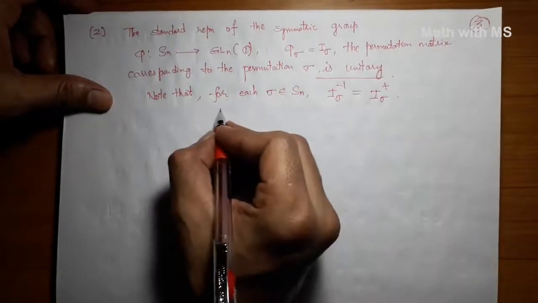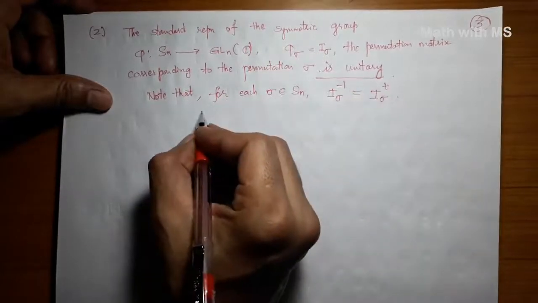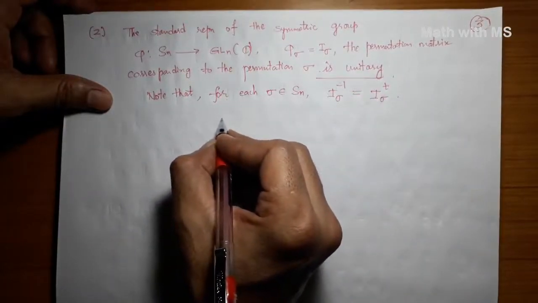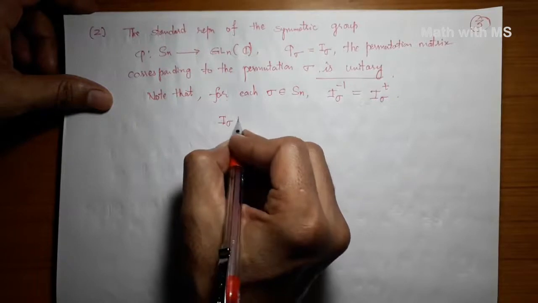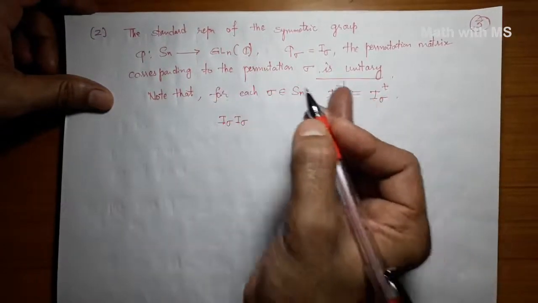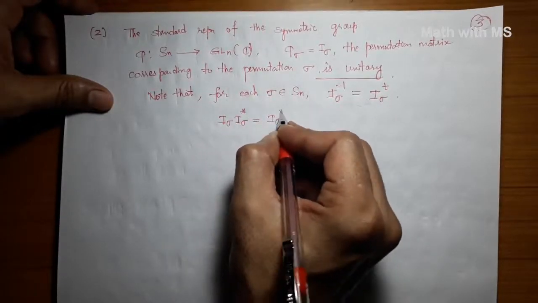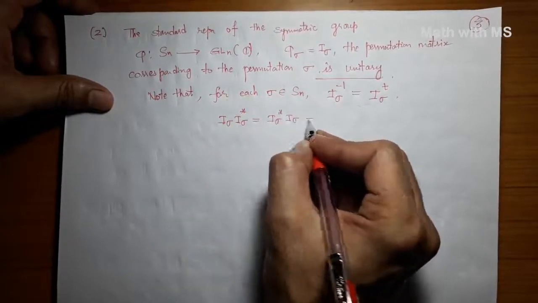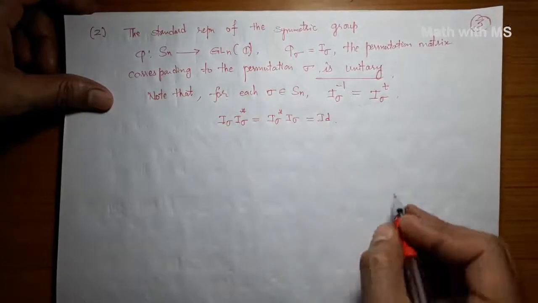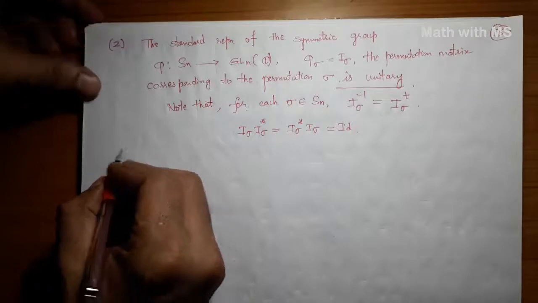Therefore you have the definition of unitary matrices: phi(sigma) transpose conjugate, but the entries are real, so phi(sigma) star times phi(sigma) is the identity. And it turns out that for unitary matrices you have the desired result.